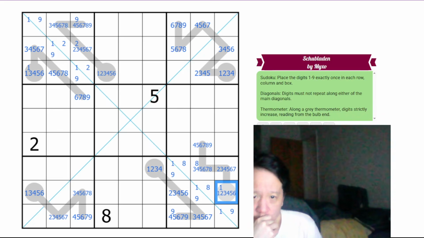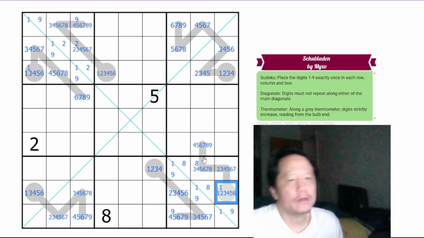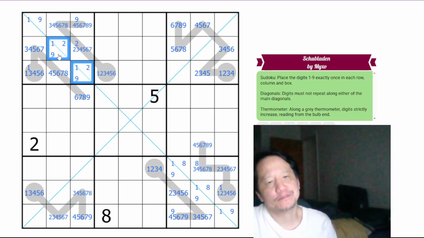Okay. Hmm. Either 2 is on the diagonal here, or 2 is here, which makes this 1, which means 1 is on the diagonal.